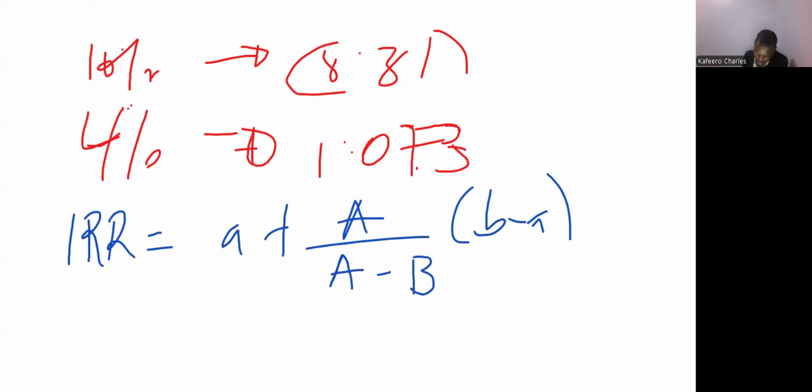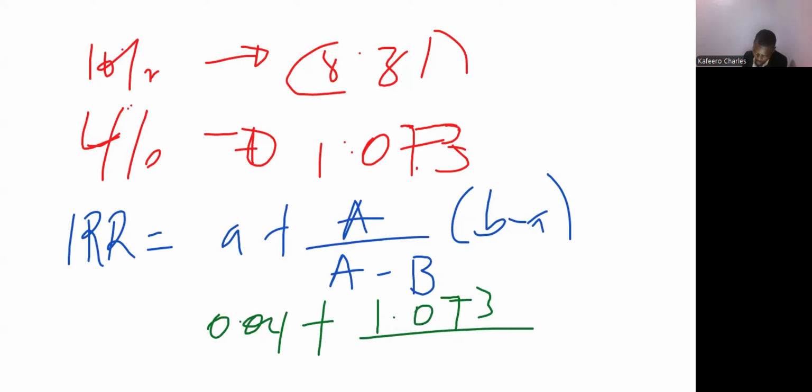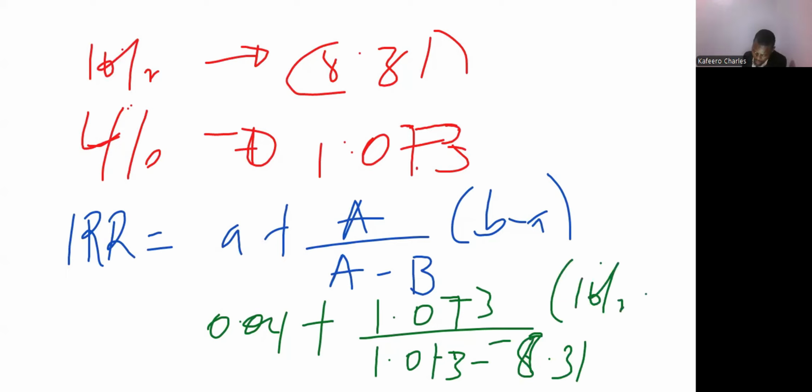We say this is 0.04 plus 1.073 over 1.073 minus, this one is already minus 8.31 into 10% minus 4%.